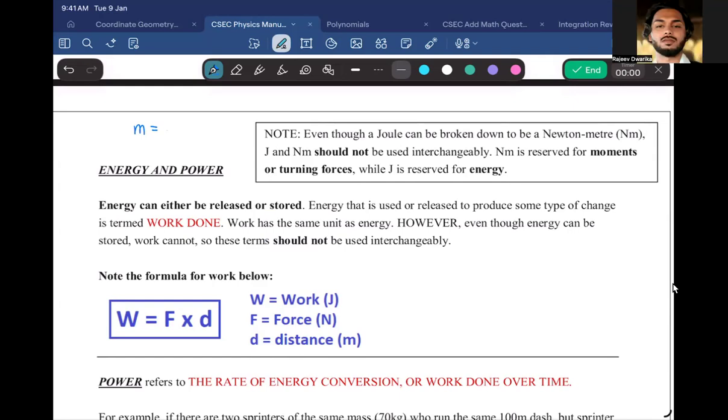It was force by distance. Yeah, and as we know, force by distance is the formula for work. I was thinking about the rules for a system in equilibrium when you asked that.